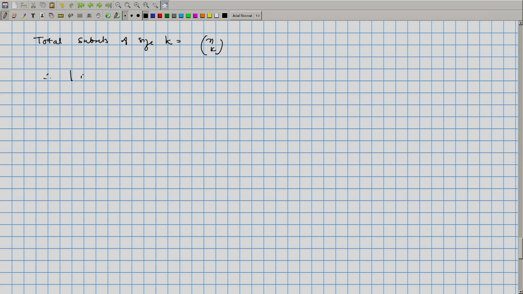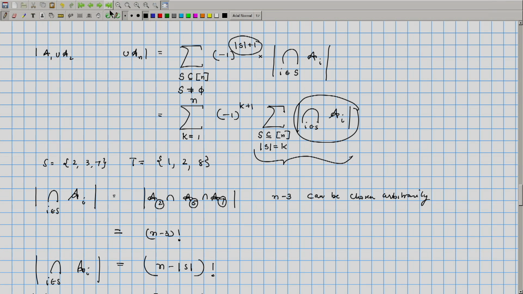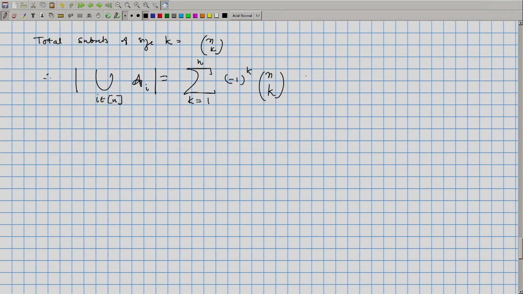Therefore, the size of the union over i belonging to n of A_i, which is what we need to determine, is equal to the summation of minus 1 raised to k plus 1, with k going from 1 to n. There are n choose k subsets of size k, and for each of those subsets the size of the intersection is going to be n minus k factorial.